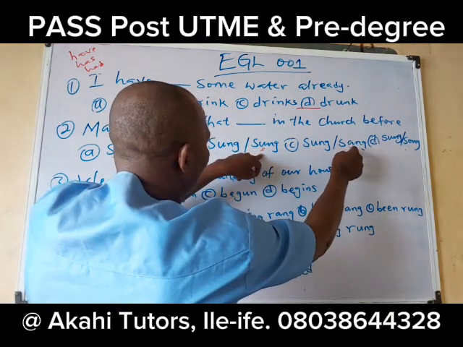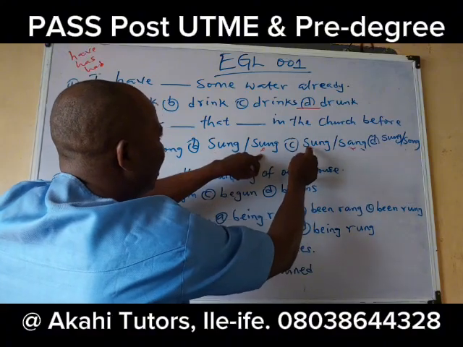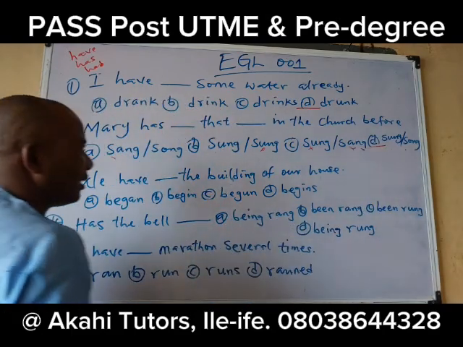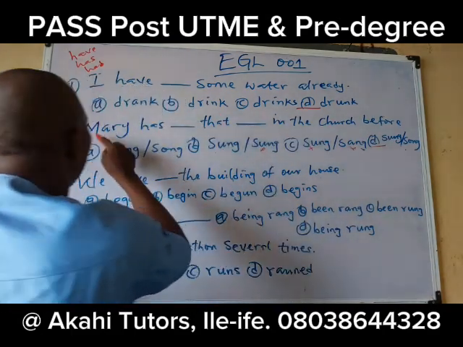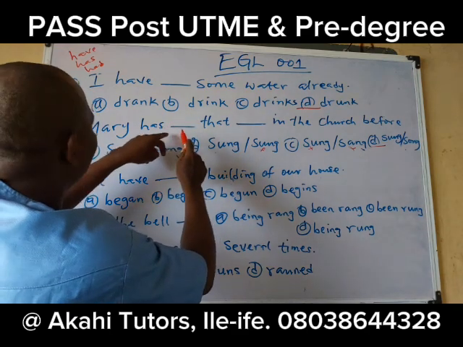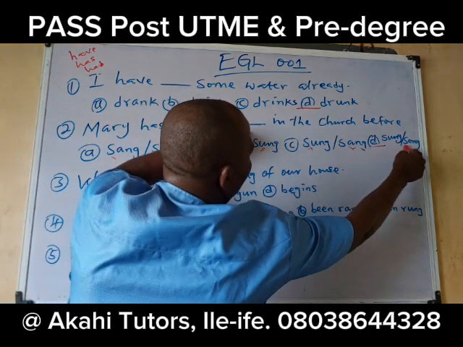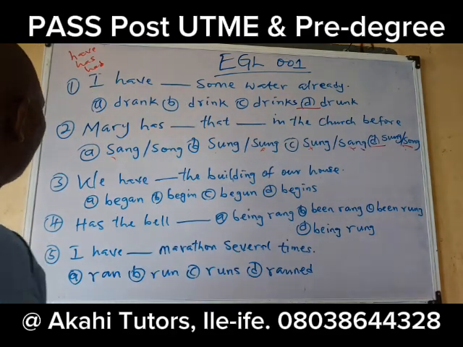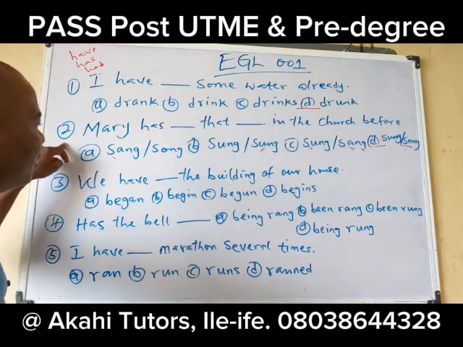This is not correct because it is a past tense verb. And this is correct, but it's not suitable for this case. So our correct answer is song. Mary has sung that song. Song here is a noun. For number 2, the correct answer is option D.